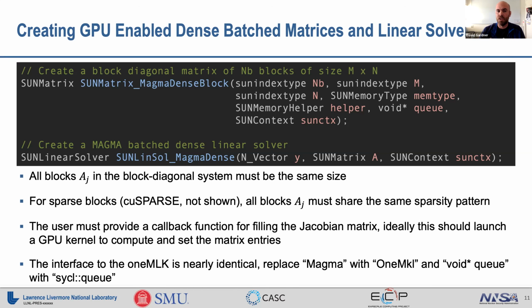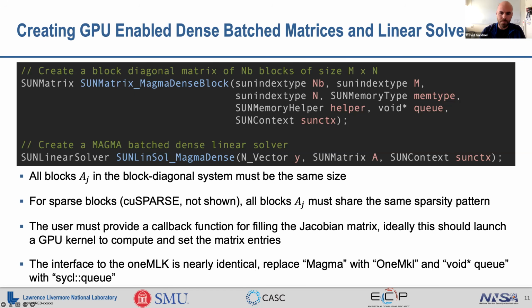Ideally, this should launch a kernel to do it, but you could similarly fill it on the host and copy it over, but that would not be as performant because you want to leave memory on the device as much as possible. And so the setup for the SYCL case is almost the same. Swap out MAGMA for oneMKL, swap out void Q for SYCL Q, and you've got the same sort of setup.